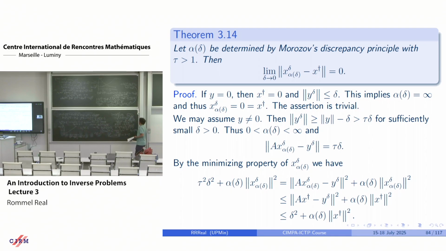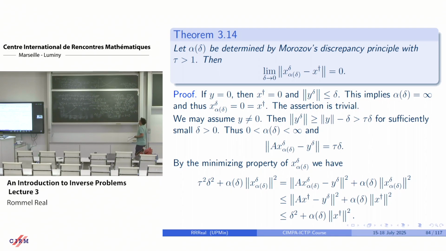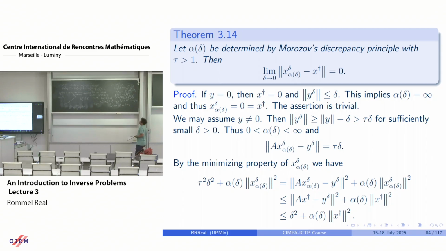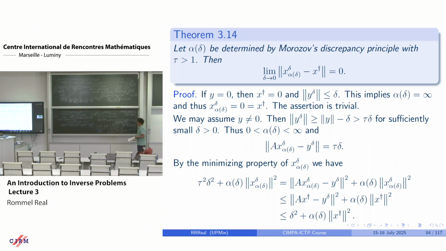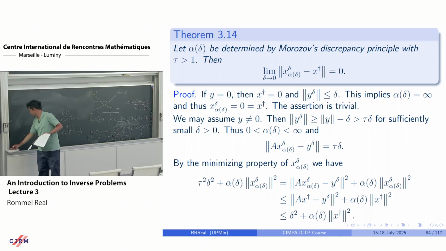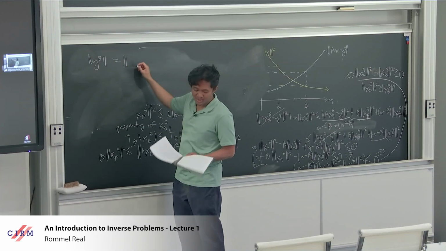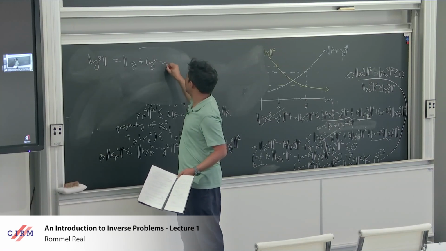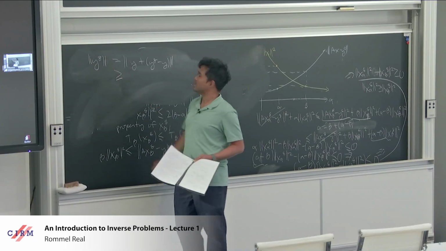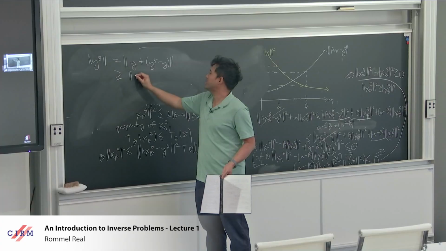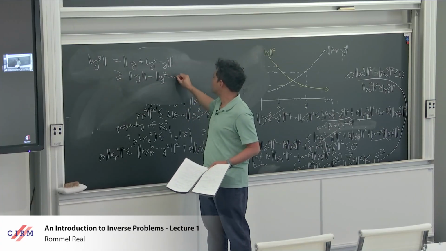Then we have this result here. This means that if you take the norm of y delta, and write it as y plus y delta minus y, then by the triangle inequality, a slightly different version, this is greater than or equal to the norm of y minus the norm of y delta minus y.